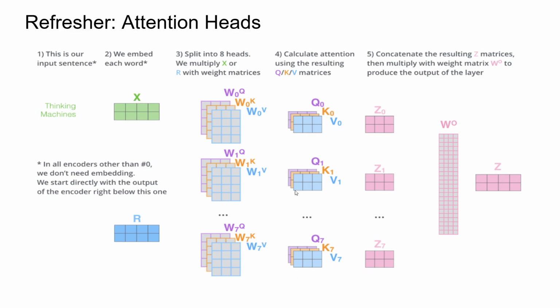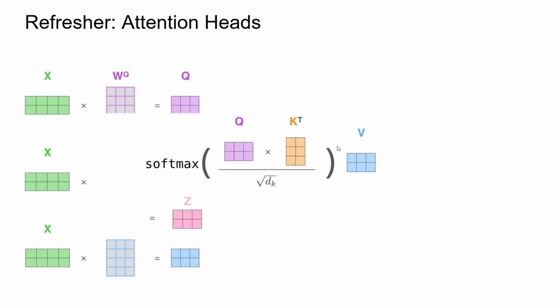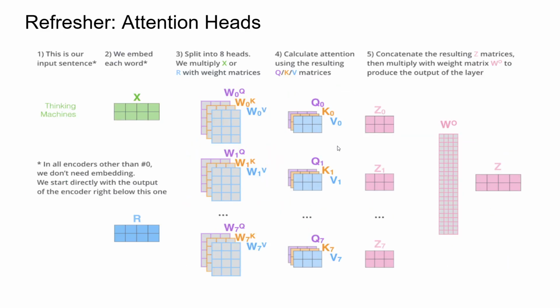Then you apply that softmax thing which we saw, essentially this formula, and you get a score for each of them. Then you concatenate them, you multiply with a projection matrix, and you get your final Z.